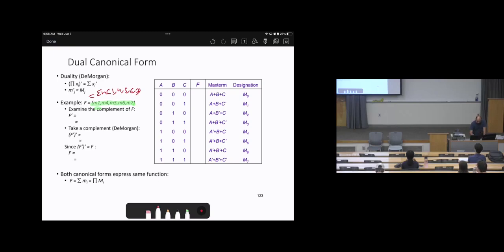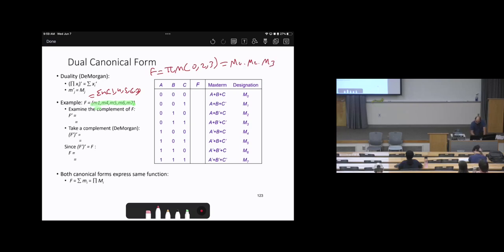So the default way to find the maxterms is to look at the other numbers between 0 and 7 that are not included in the minterms. Those are 0, 2, and 3, since 1, 4, 5, 6, 7 are already included. In other words, this will be M0 times M2 times M3.